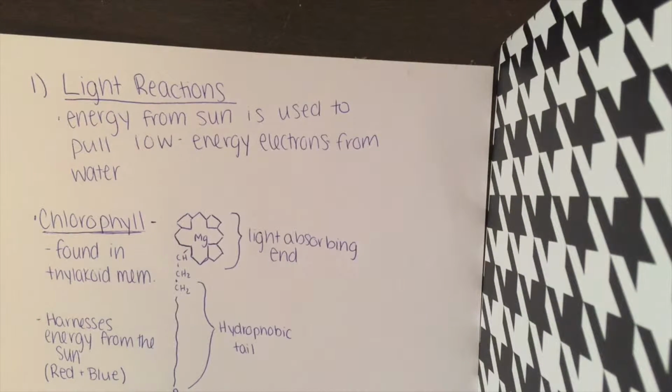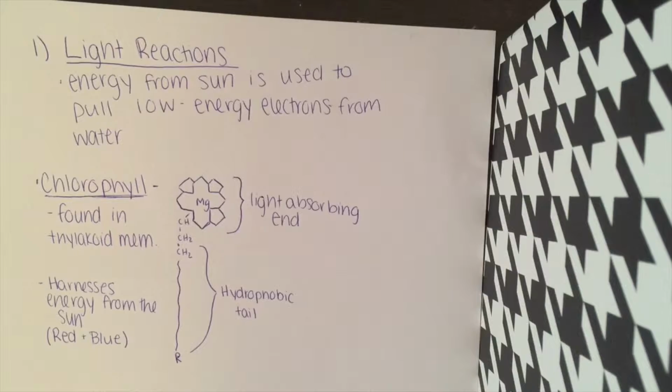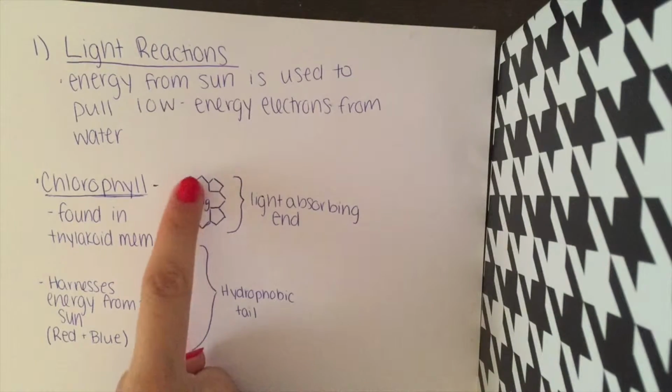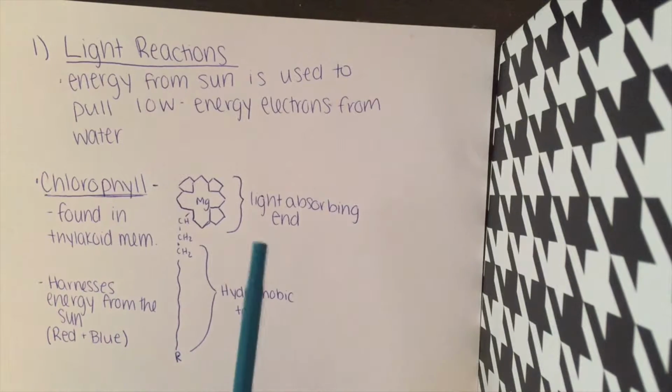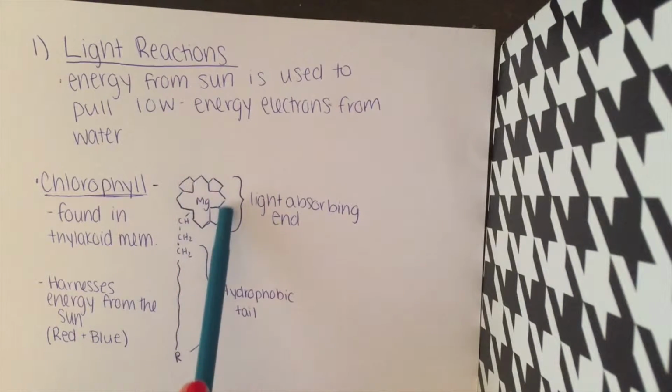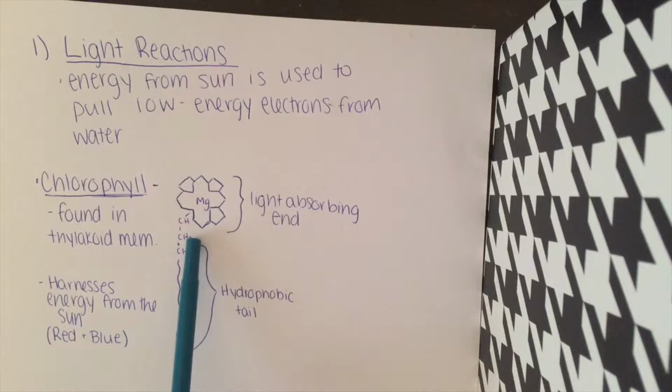So in order to understand the light reactions, we need to understand what chlorophyll is. Now chlorophyll is this kind of confusing little molecule, but all we need to know is that we have a hydrophobic tail right here, which is just made up of a bunch of carbons, and we have a light absorbing end here. So this is the important part.